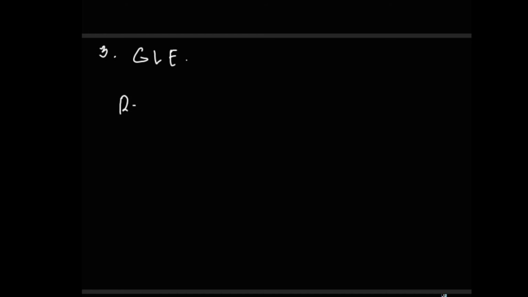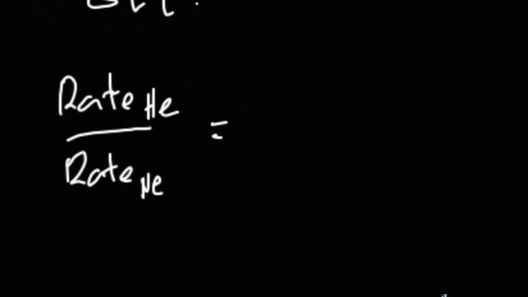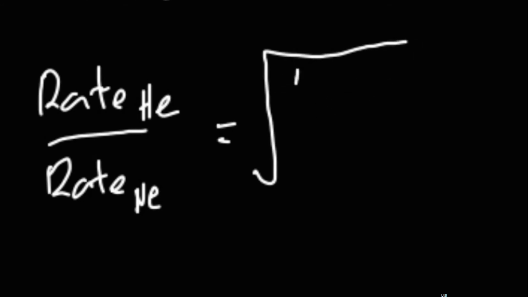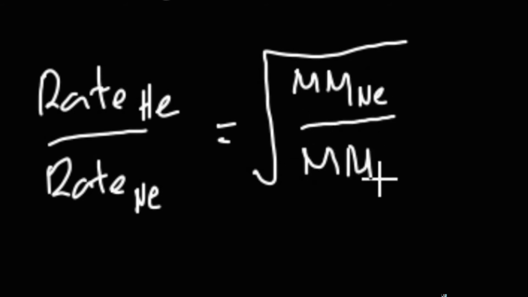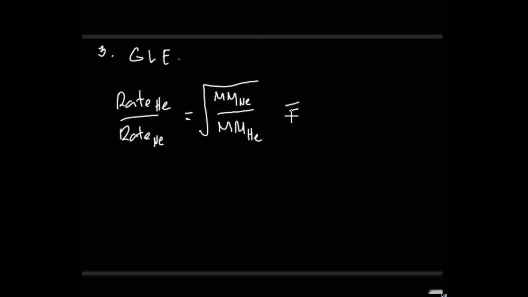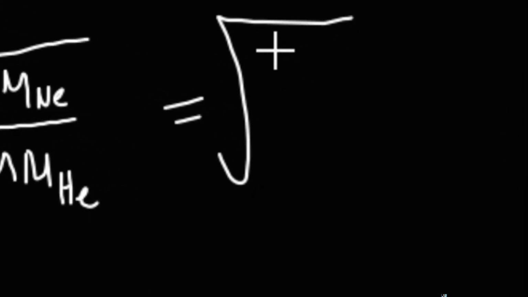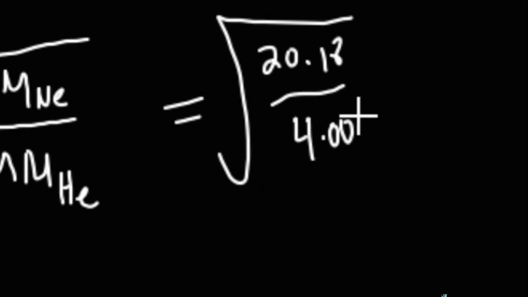So we have rate A, which is helium, over rate B, which is neon, which is equal to the square root of the molecular mass of neon over the molecular mass of helium, which is equal to the square root of 20.18 over 4.003.